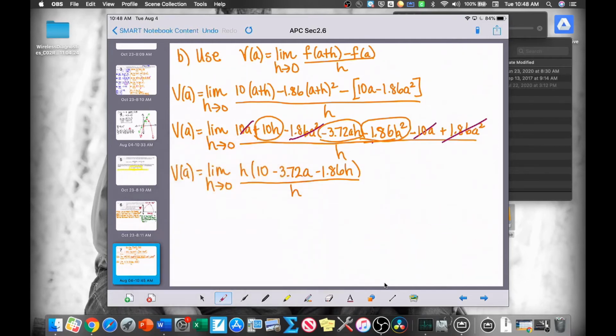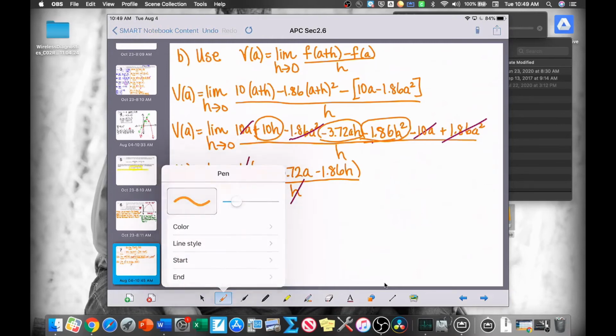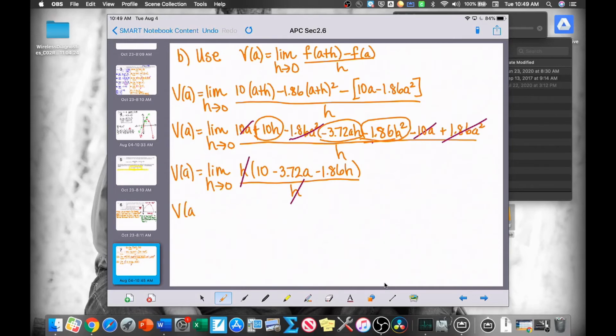So then I can go ahead and cancel my h's. And when I do the limit as h approaches 0, I get v of A is equal to 10 minus 3.72a minus 1.86 times 0. So that term just cancels. So v of A is equal to 10 minus 3.72a.